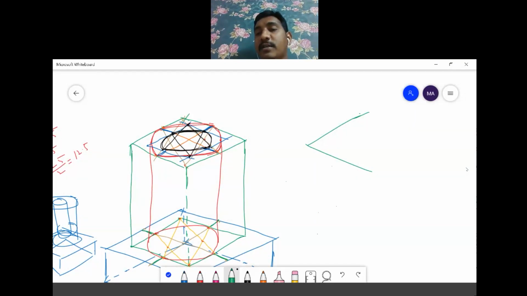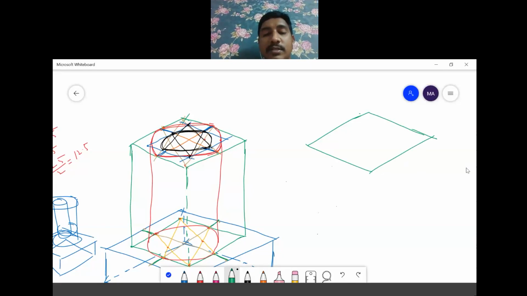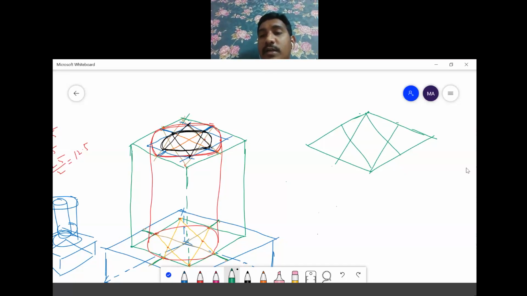After that you have drawn the circle here using the 4 center method.